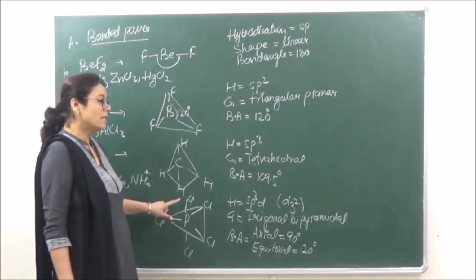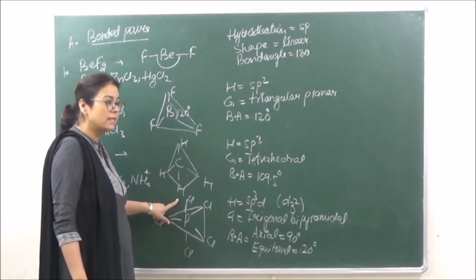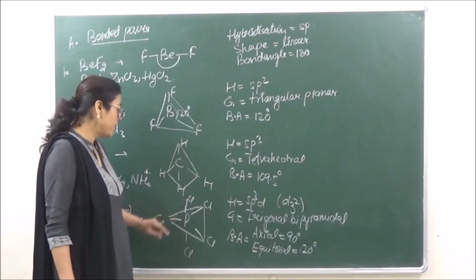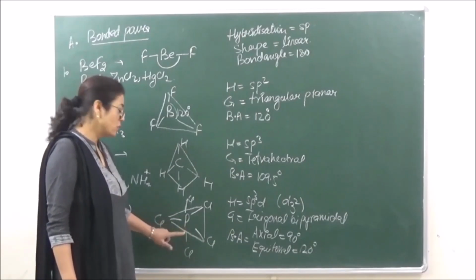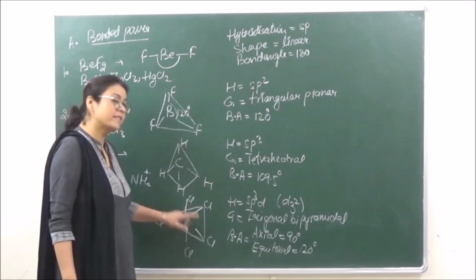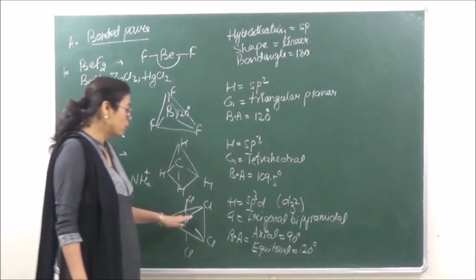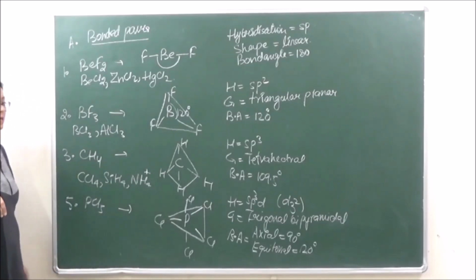Why? Because the axial bond over here is suffering more repulsions. This axial bond is being repelled by this, this, and this as well. So this is going to suffer more repulsions, whereas this one is repelled by only two, this one and this one. So equatorial bond length is going to be smaller as compared to axial bond length.